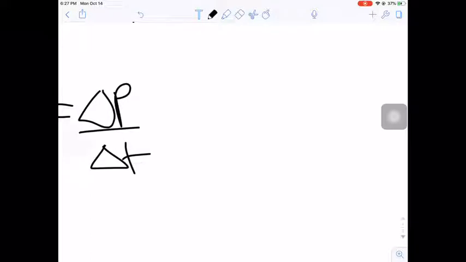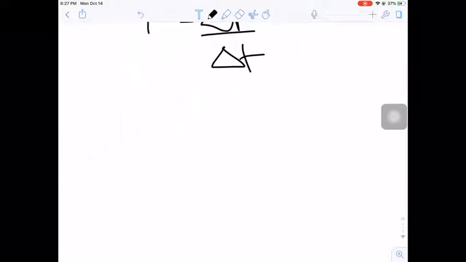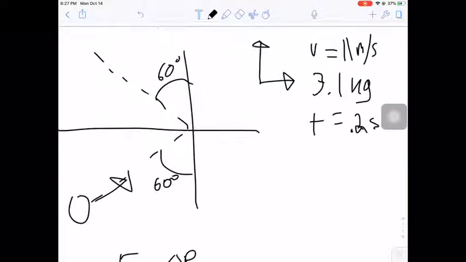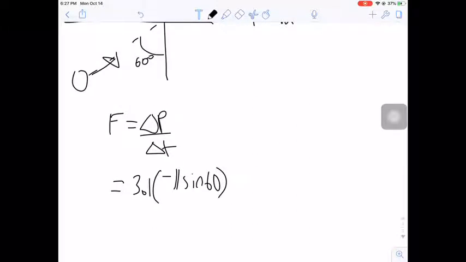So to do that, for the momentum, it's 3.1 times negative 11 sine 60. And it's negative because when you do change in momentum, you do final minus initial.